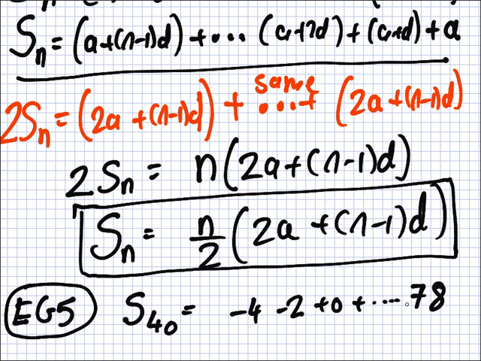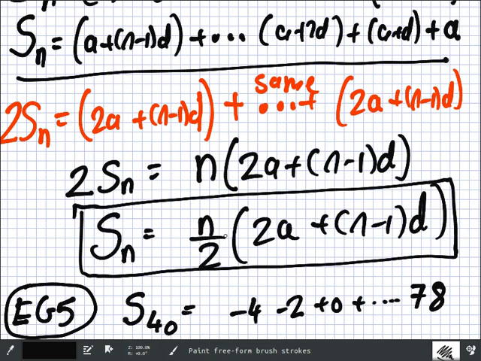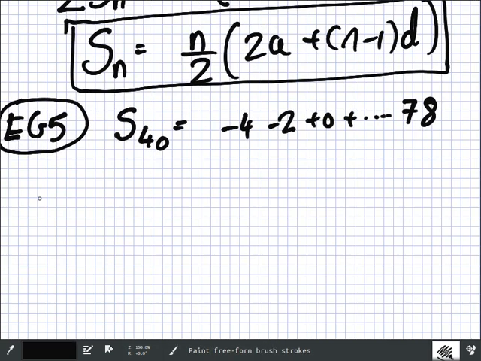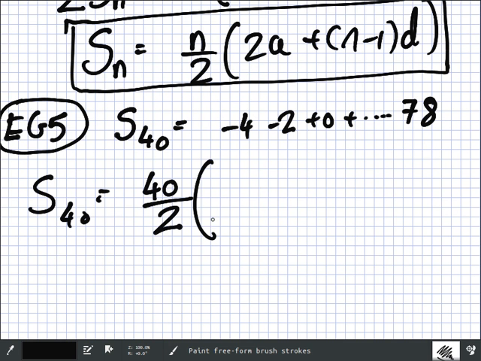I want to add all those numbers together. So I'll just use my new formula. Let's see. So the sum of the first 40 numbers would be 40 over 2, and then what's 2a? Minus 8. And what's n minus 1?